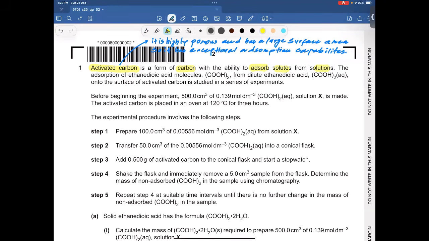The adsorption of ethanedioic acid molecule, that's a very important point.